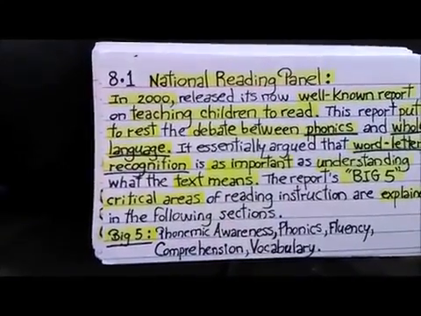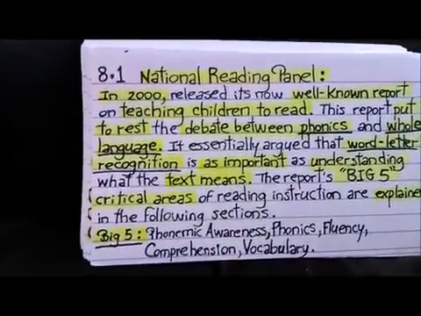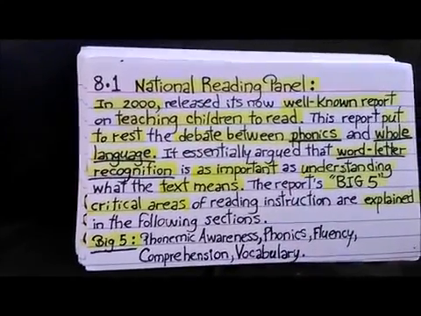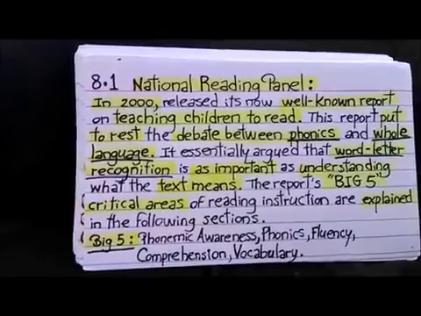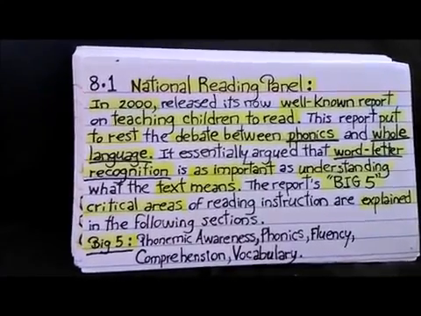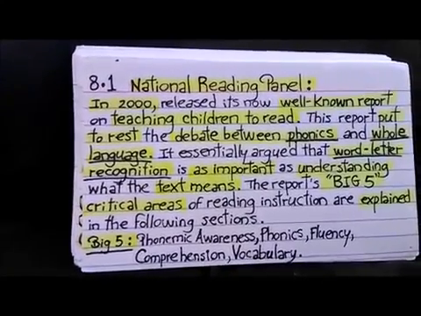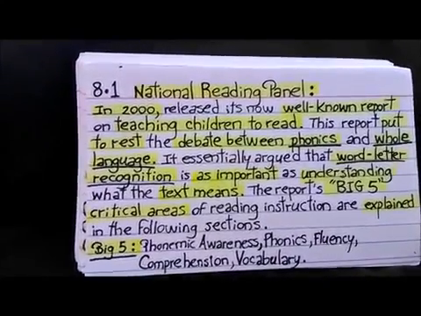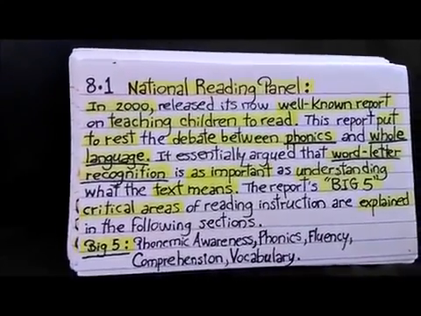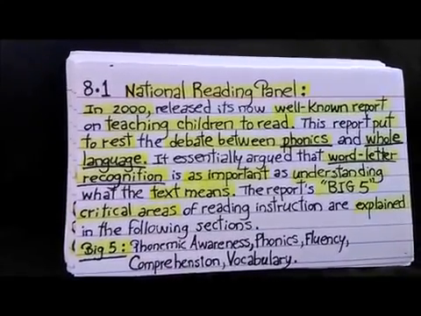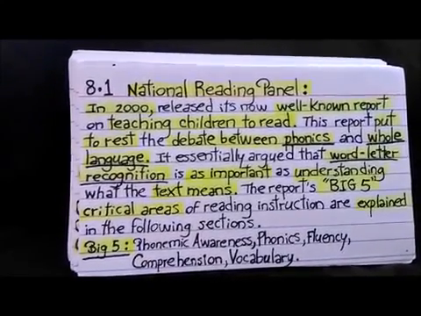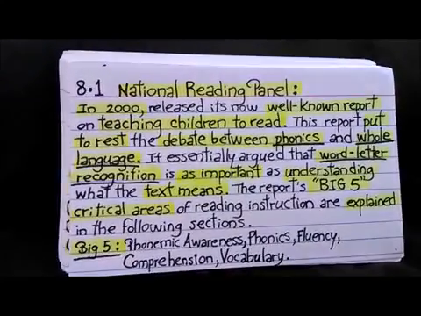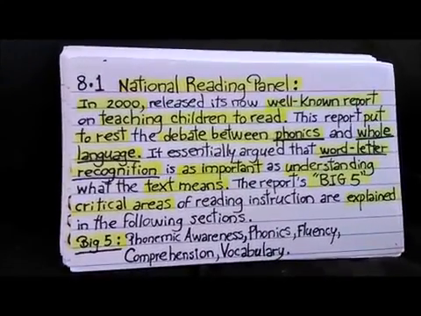The National Reading Panel. In the year 2000, it released its now well-known report on teaching children to read. This report put to rest the debate between phonics and whole language. It essentially argued that word-letter recognition is as important as understanding what the text means.